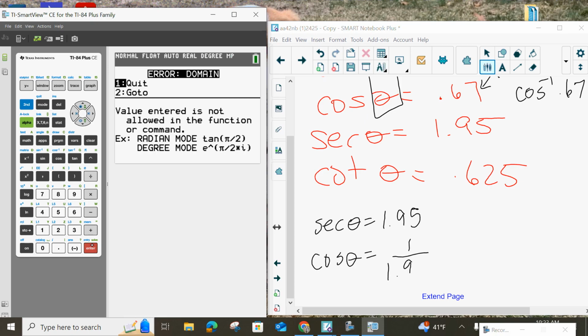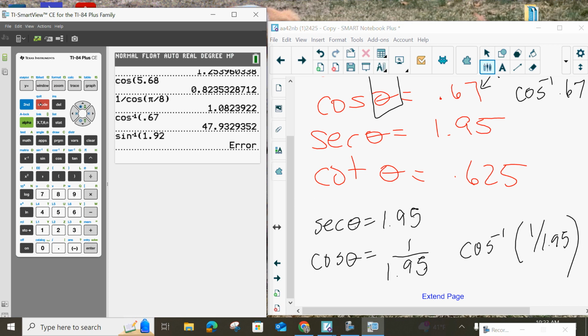These ones, cotangent, secant, cosecant, are the ones that people get wrong. So you've got to pay attention, right? Reciprocal function. So in my calculator, I have to do inverse cosine of 1 divided by 1.95.